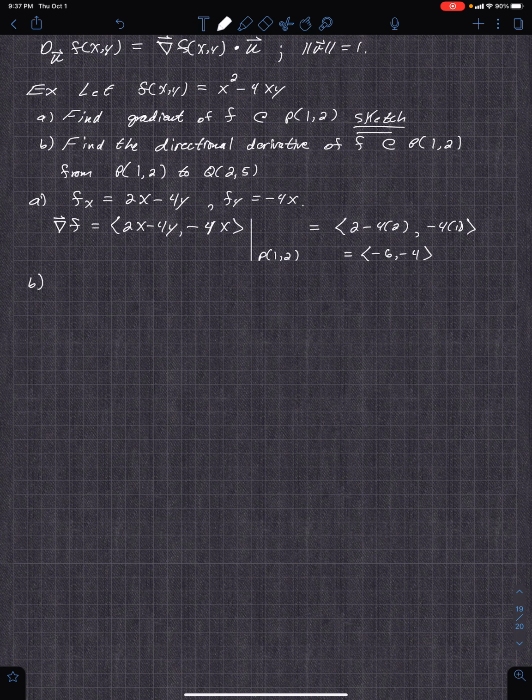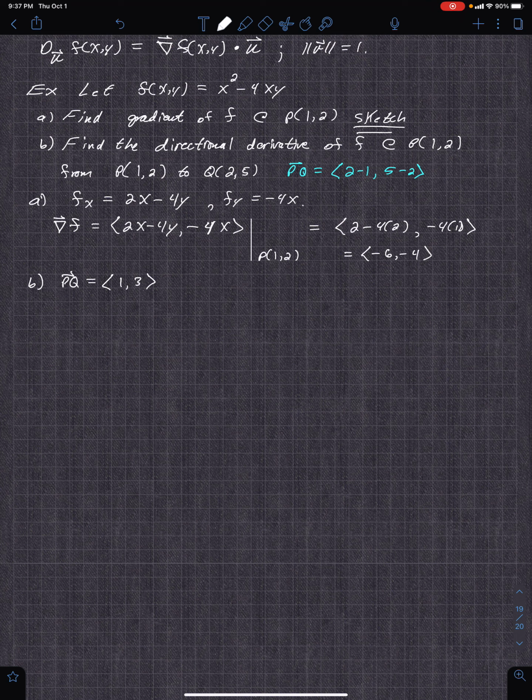So let's do this back here. PQ is terminal minus initial. So it's 2 minus 1, 5 minus 2. So PQ is (1, 3).